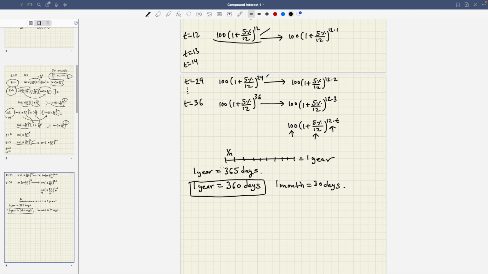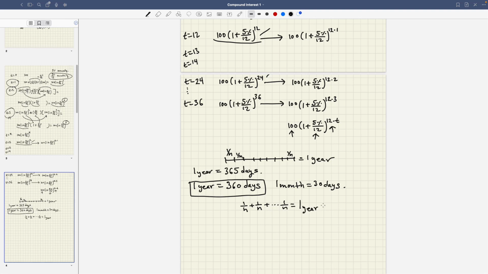So when you add all the segments, 1 over n plus 1 over n, and so forth, n times, you get 1. When you compound n times, you obtain 1 year.